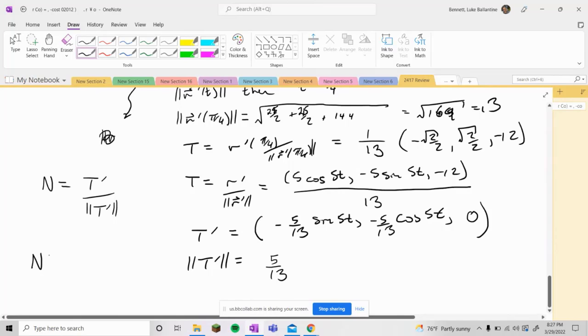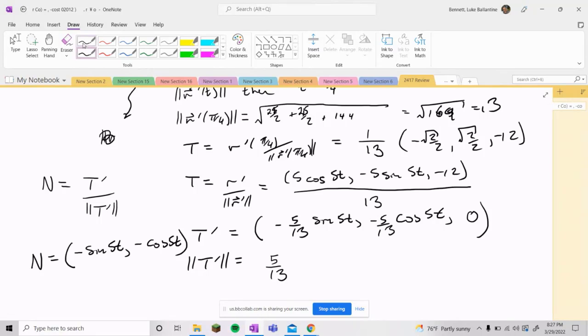So N is negative sine 5t, negative cosine 5t, 0.